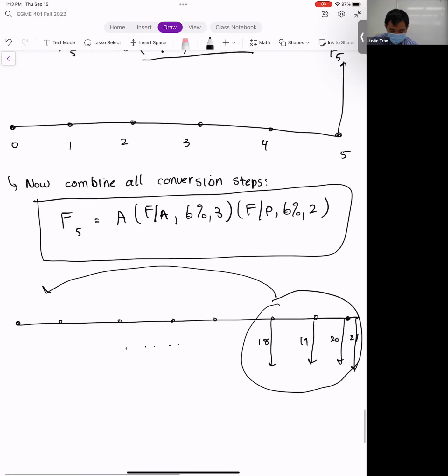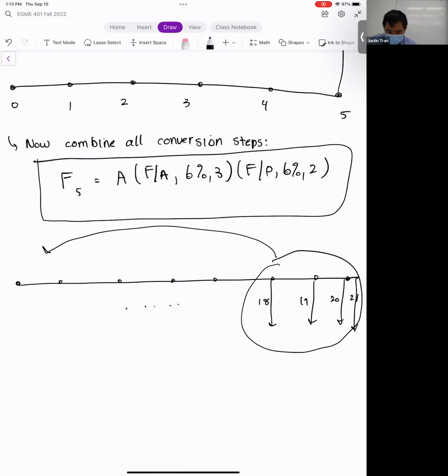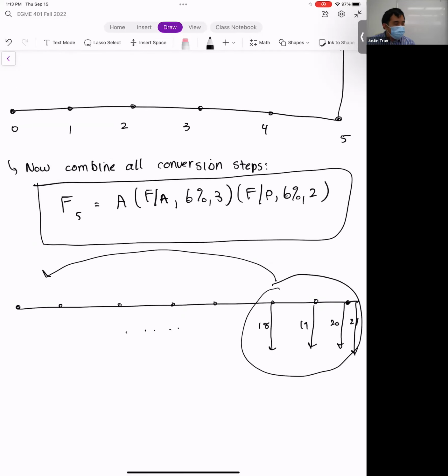Okay? Another thing that might be useful for this problem is that a lot of times you're solving for the value of a cash flow of something in the middle here, right? If you read the problem, write down all the cash flows that are given to you, and draw the cash flow diagram, oftentimes you're missing some piece of information. For instance, we might be missing a gradient value here.